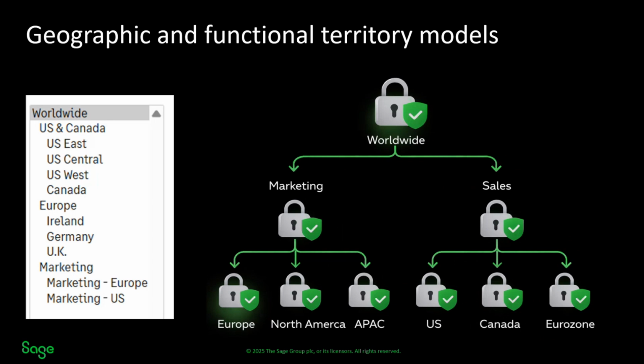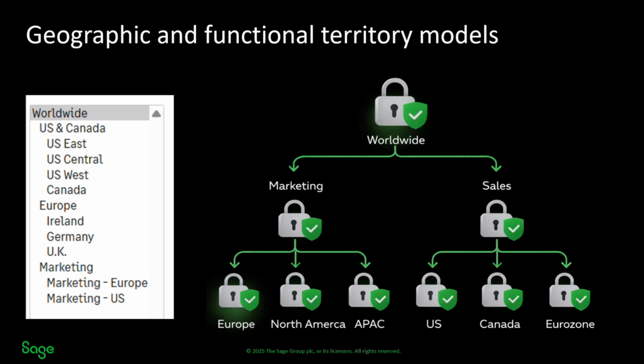You have the geographical territory of worldwide, and then underneath that US and Canada and Europe, who are at the same level, so they're siblings. And then you have the children underneath US and Canada: US East, US Central, US West and Canada, who are all siblings at the same level.